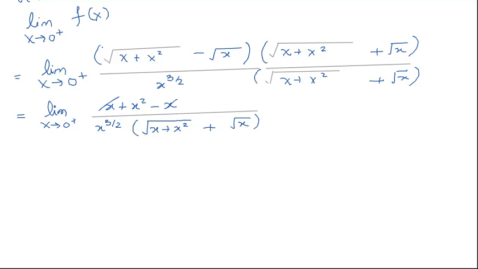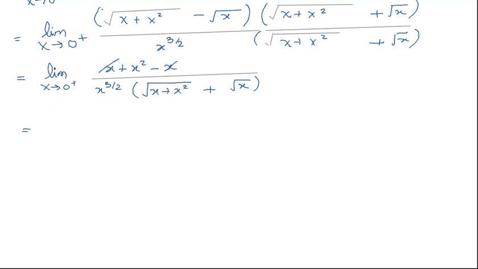This x and x will cancel out, so we will be left with the limit as x approaches 0 from the positive side of x² divided by x^(3/2) times (√(x + x²) + √x).